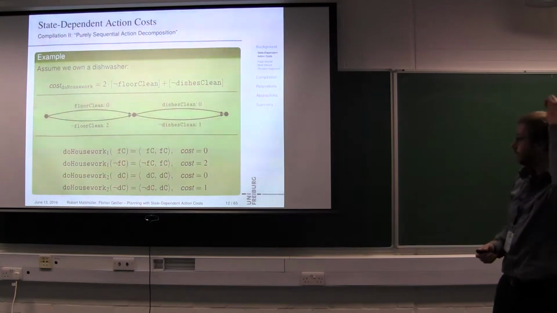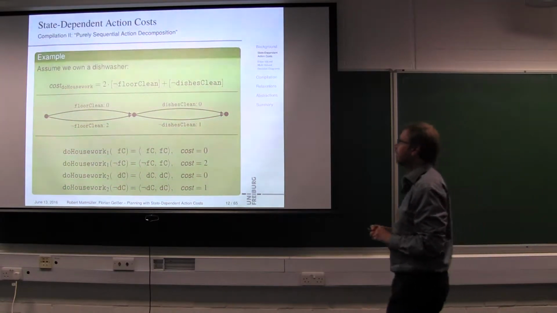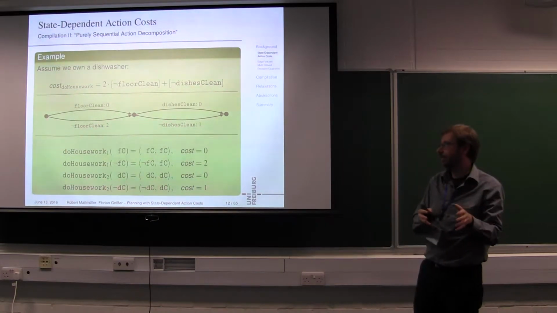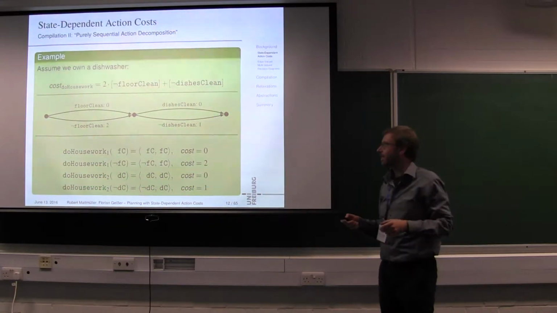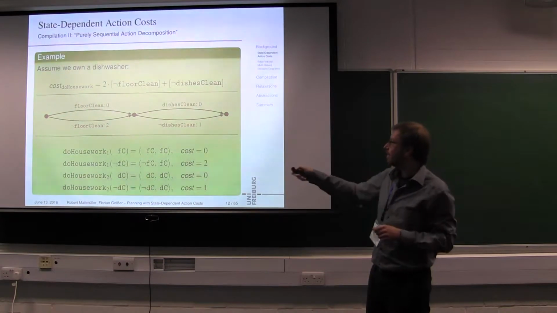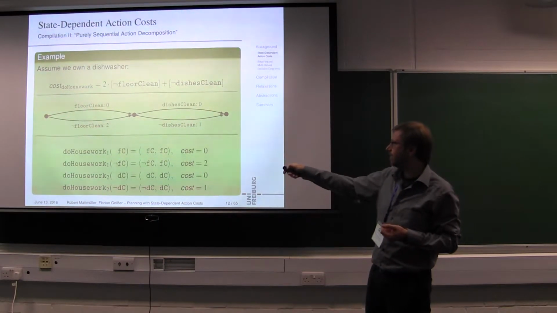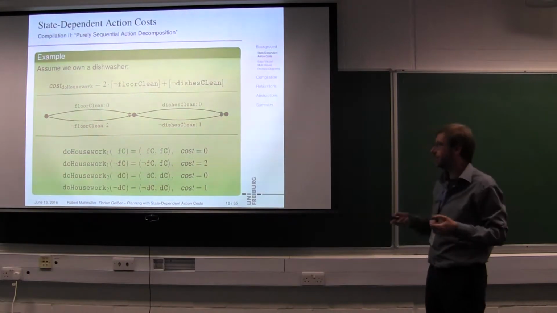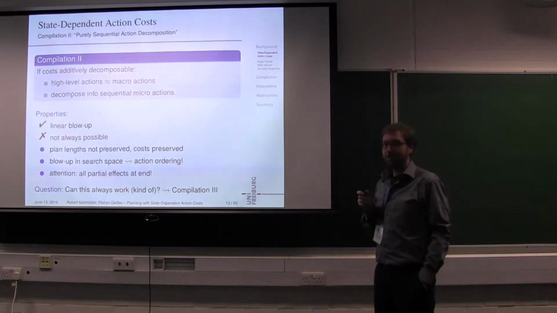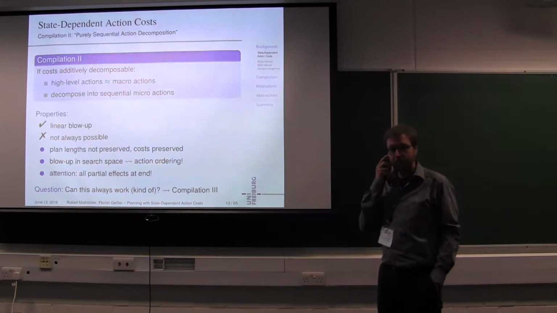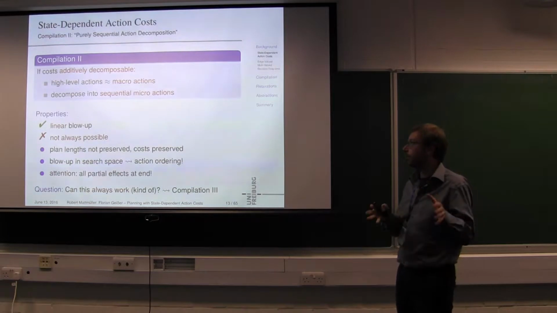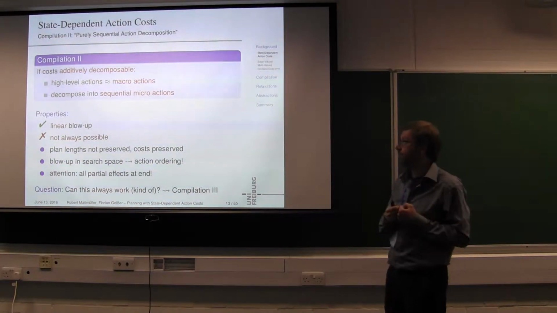And what's interesting about this encoding is that it basically goes back from this high-level macro action to these micro actions that were already there anyway. I mean, this is the do housework action, and we automatically decompose it back into the micro actions that it consisted of anyway. So, if the costs are additively decomposable, we can view our high-level actions as macro actions and simply go back to the underlying sequential micro actions.